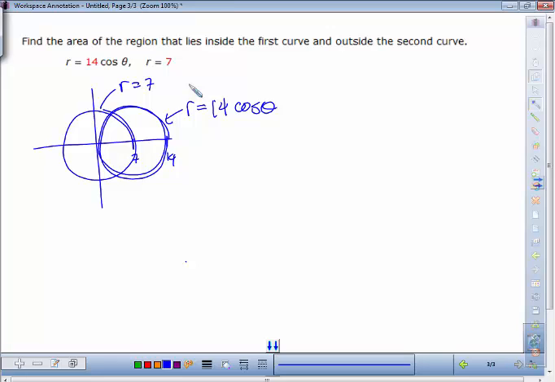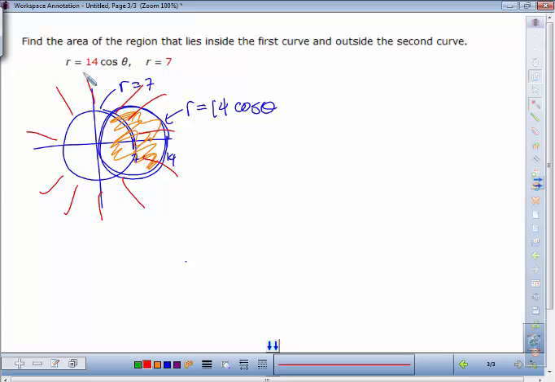Now let's read this again. Find the area of the region that lies inside of the first curve. So this is the first curve right here. Let's draw this in orange maybe. Inside of this first curve and outside of the second curve. And so this is the second curve, and outside of that would be over here.